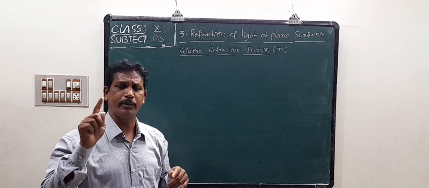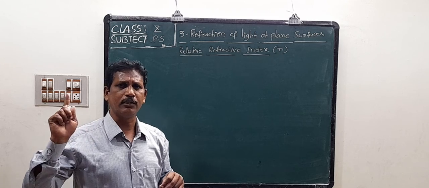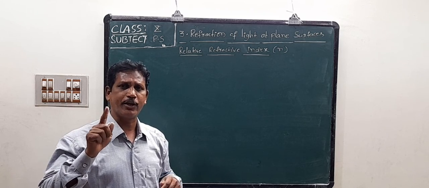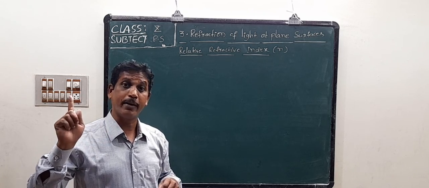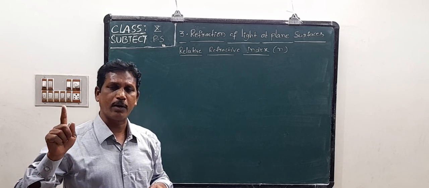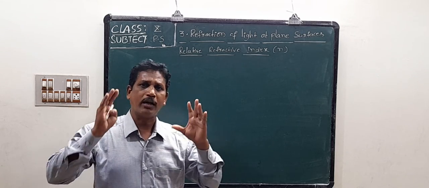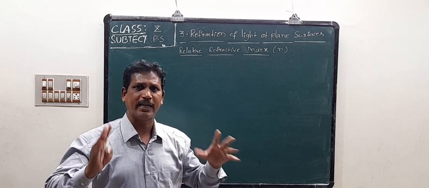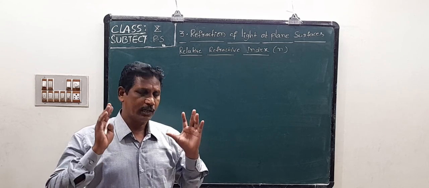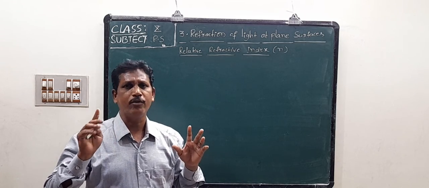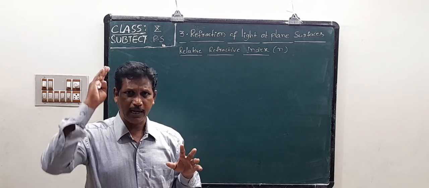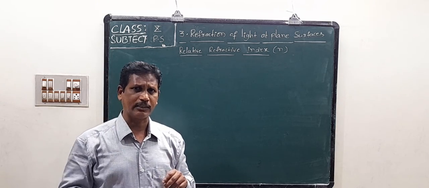Here the speed of light in vacuum is 3 into 10 power 8 meter per second, or 3 into 10 power 5 kilometer per second, or 3 lakh kilometer per second. Okay, refractive index n equal to c by v. We learned this in the last class.